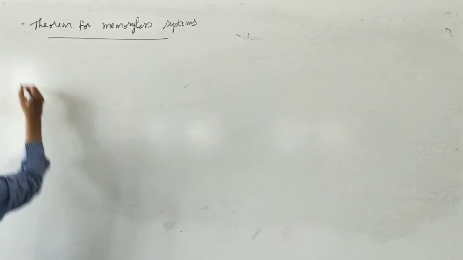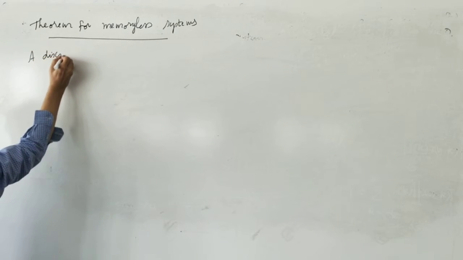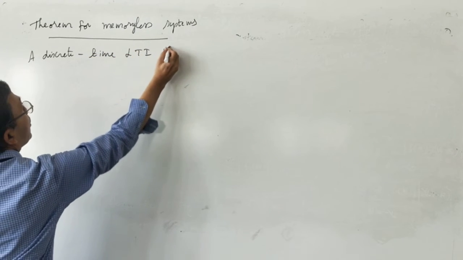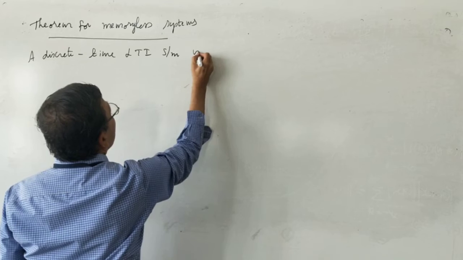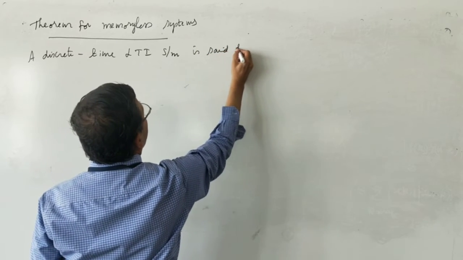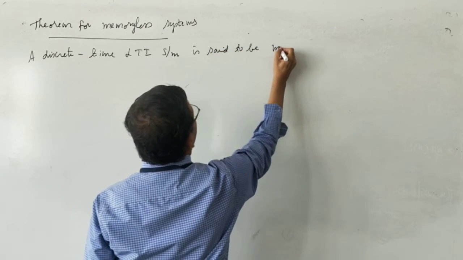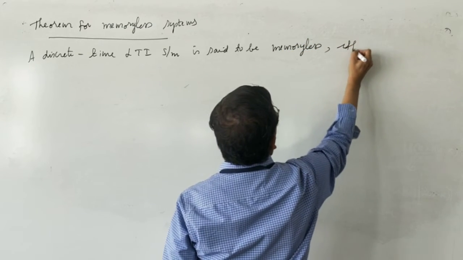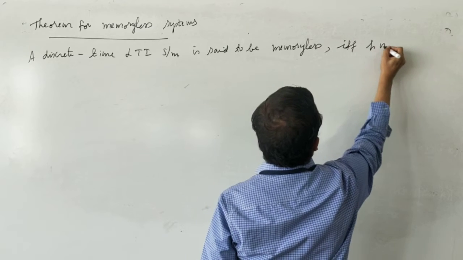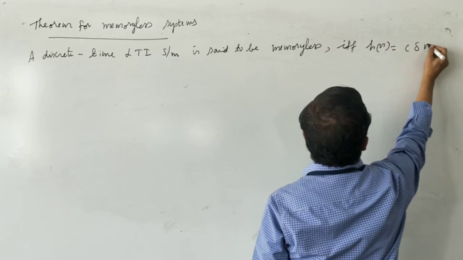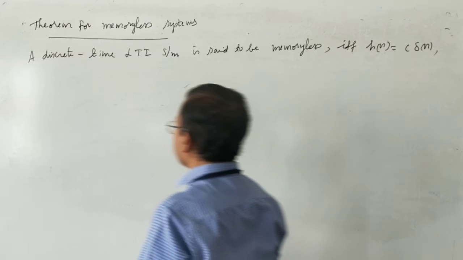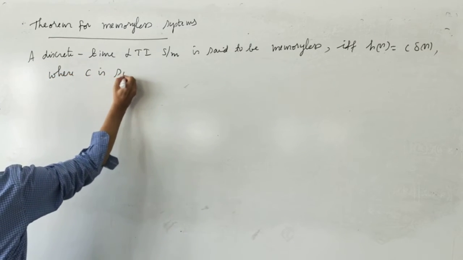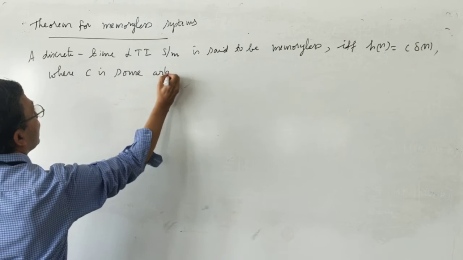Statement: a discrete time LTI system is said to be memoryless. Memoryless means no memory. Memoryless if and only if h of n equals c into delta of n, where c is some arbitrary constant.